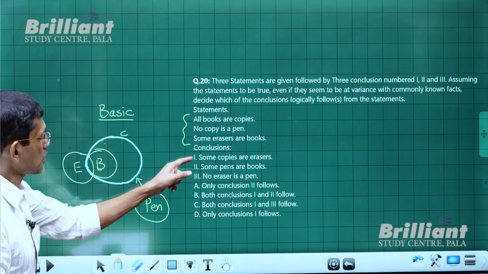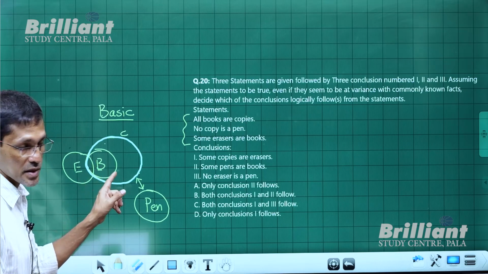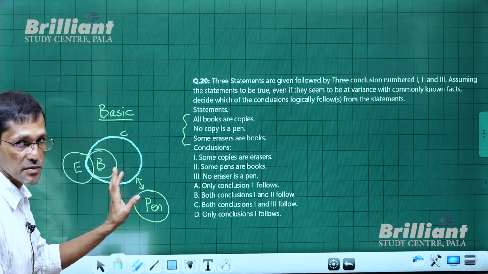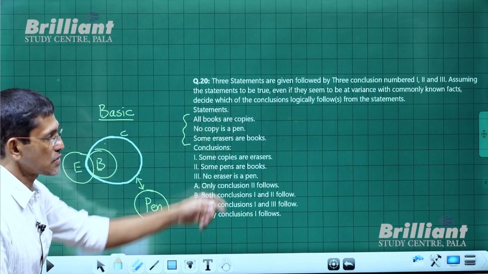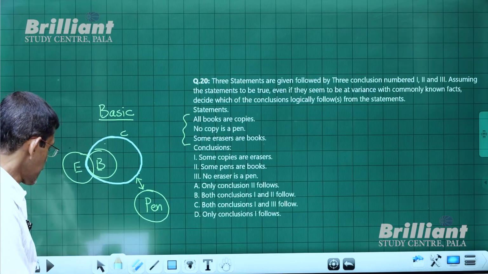Erasers. So some copies are erasers, it's correct. It is valid for the basic diagram. This is a positive conclusion, valid for the basic diagram, which means the conclusion follows. What you need to find out is which of the conclusions logically follow. So the first conclusion logically follows.